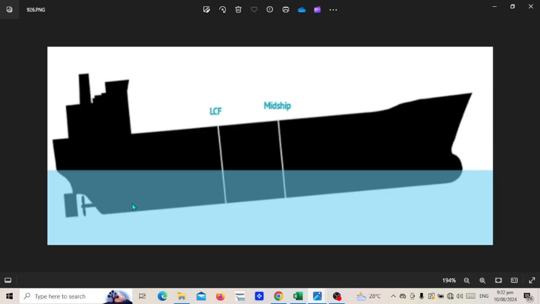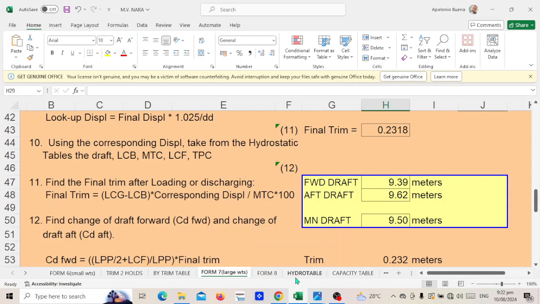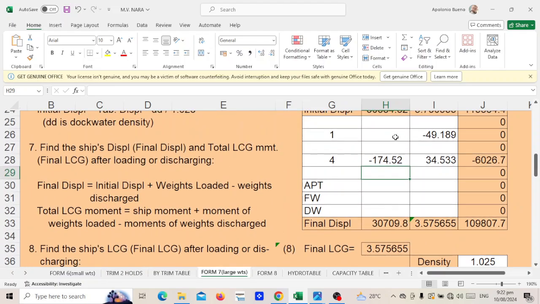So it went deeper or sank because of what I've explained earlier. If you take out weight on the up part, the tendency of this vessel's up part will rise up, and the tendency of the forward part will go down. So we will have more draft here and less draft here. Okay, so that is what happened. And this is the final draft when we take out cargo in hold number 4.